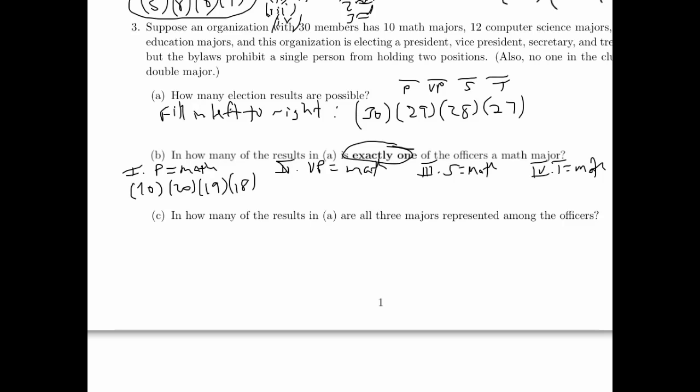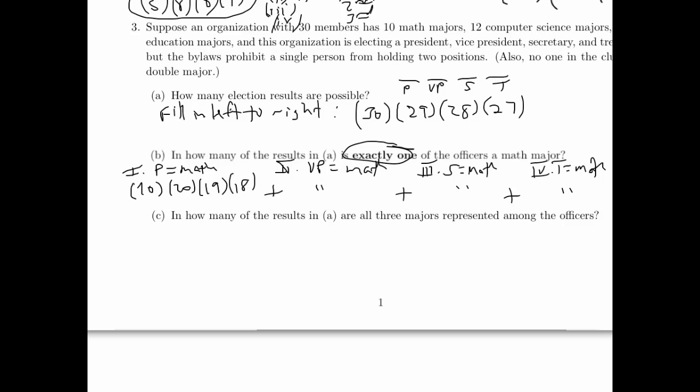The key here is that in each one of these cases, as long as you just do that officer first, so fill in the vice president blank first with a math major and then fill in the other 3, or fill in the secretary blank with a math major and then do the other 3, what's going to happen is that the numerical answer for each of those is going to be exactly the same thing.